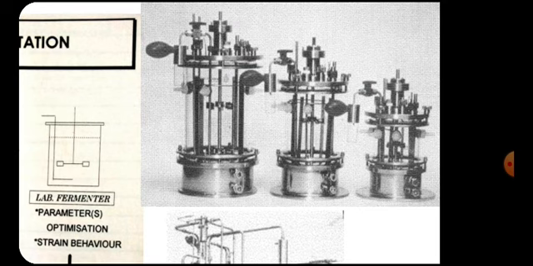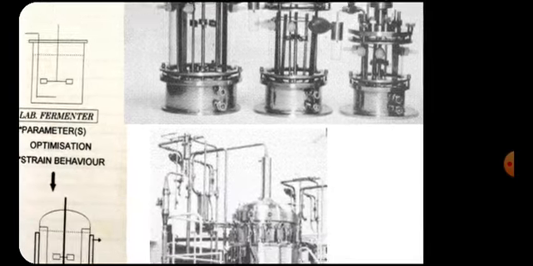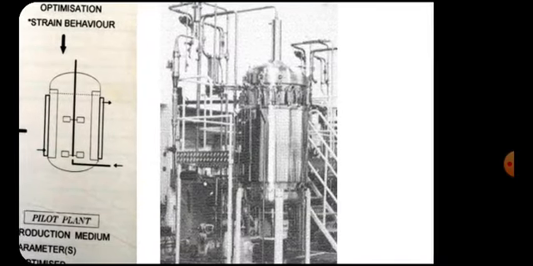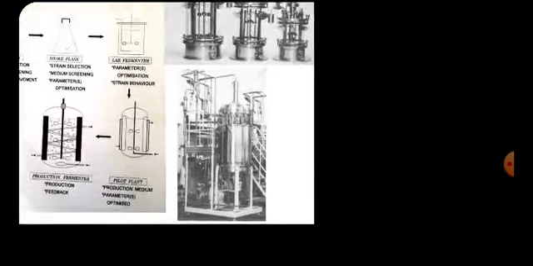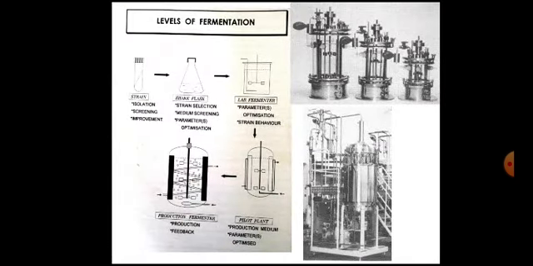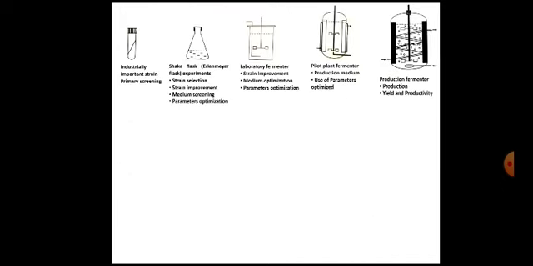So the mechanical design is similar to that of a pilot plant or a production fermenter, a huge fermenter. You can see pictures of different huge fermenters having big capacities, production fermenters, on Google also.